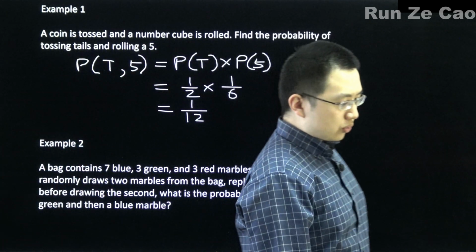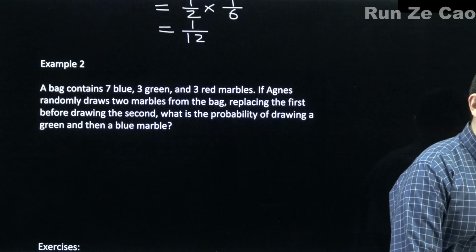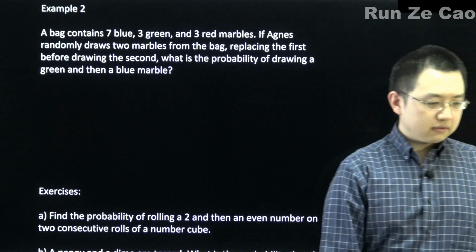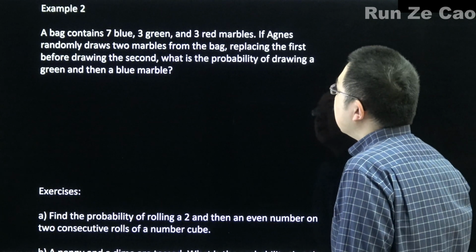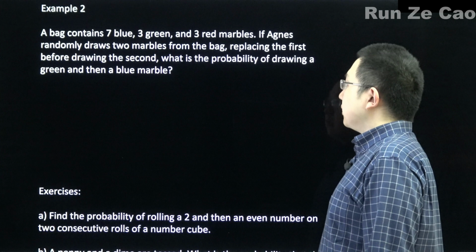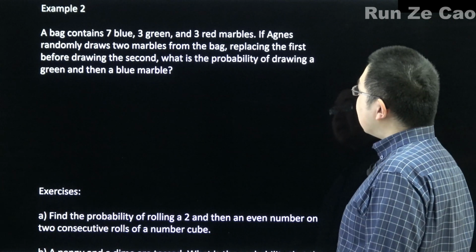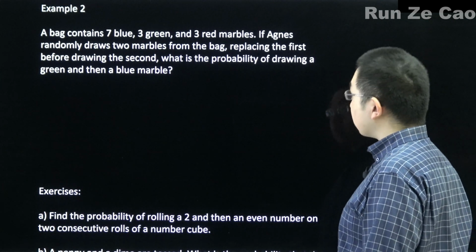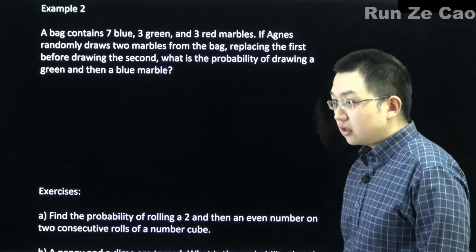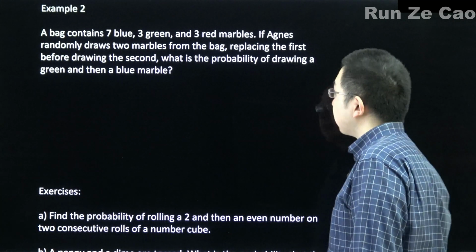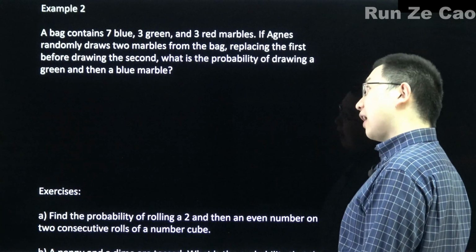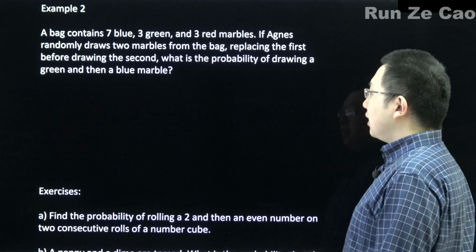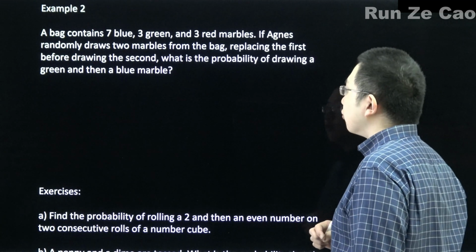Now, example 2. A bag contains 7 blue, 3 green, and 3 red marbles. If Agnes randomly draws 2 marbles from the bag with replacement, so replacing the first before drawing the second, or replenishing the bag with the same thing, doesn't particularly matter, what is the probability of drawing a green and then a blue marble?